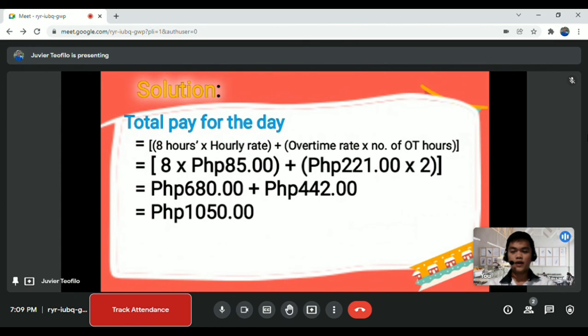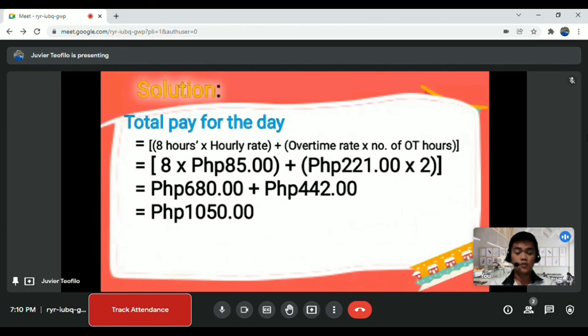Now we have total pay for the day. We have 8 hours, which is the number of regular work hours, times hourly rate of 85 pesos, plus overtime rate of 221 pesos, times number of overtime hours, which is 2. Now, if you multiply 8 times 85, it is 680 pesos.